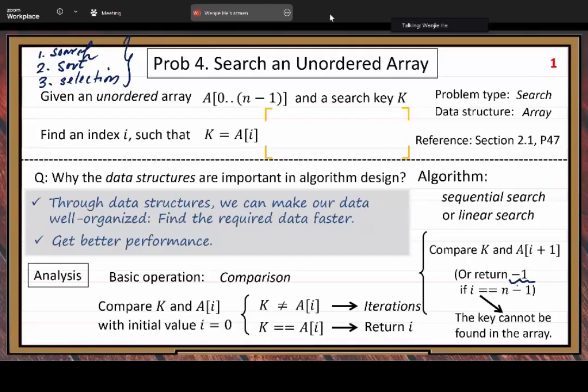But our main focus here is to analyze its efficiency. Through this example, we want to learn some basic concepts.